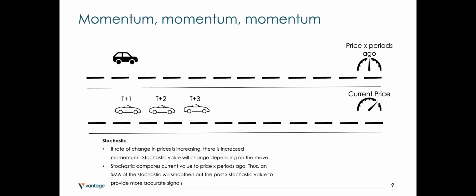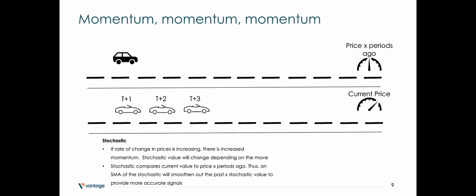The stochastic compares your current value, which is basically the price at T1, T2, or T3, against the price X periods ago. And of course, we do have the SMA value, which helps smoothen the stochastic curve, such that we are not just relying on a single point, but rather the average of a series of points.